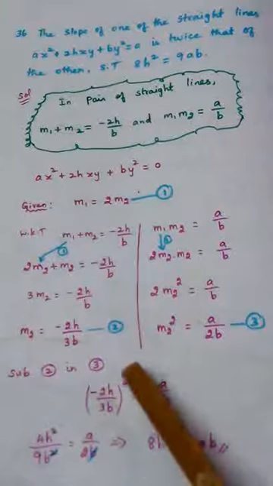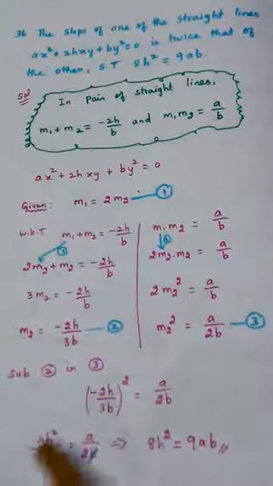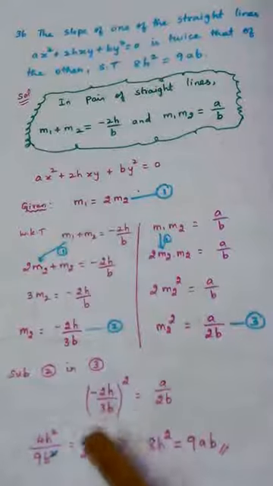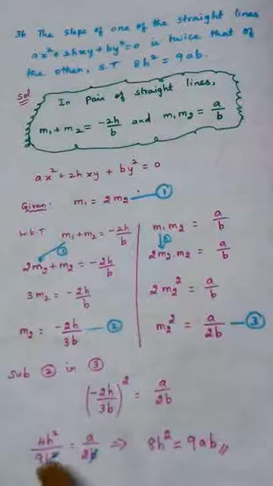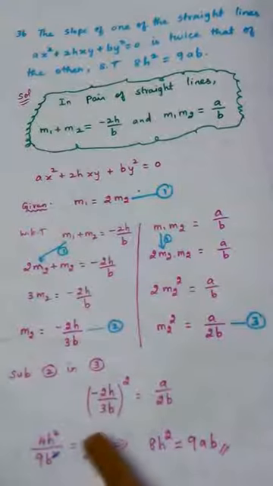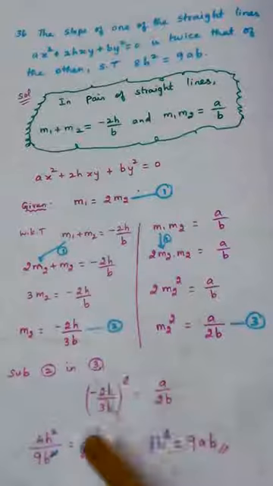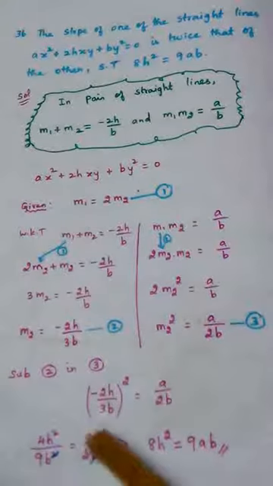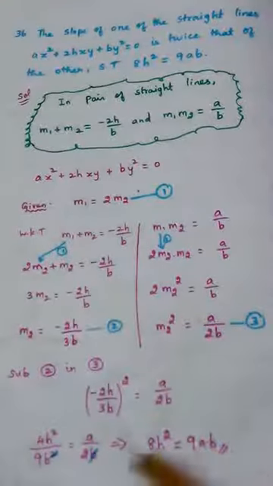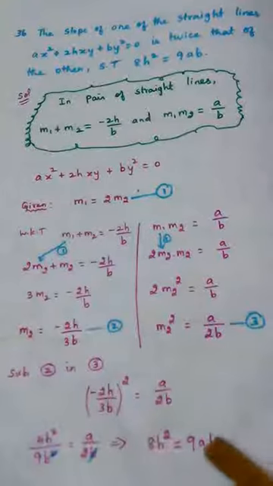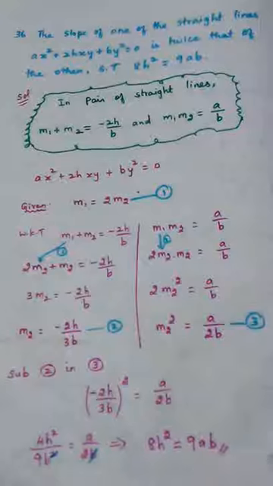Minus square becomes plus, 2 square will become 4, h square, 3 squared will become 9, b square, and a by 2b on the right. 1b and 1b will get cancelled. So here we will be having 9b. Cross multiply that. Here a is present, so 9ab. And if you take this 2 here, 2 with 4 becomes 8h square is equal to 9ab. So that is the result that we needed to prove. 8h square is equal to 9ab.